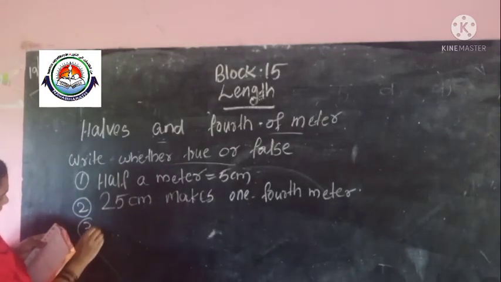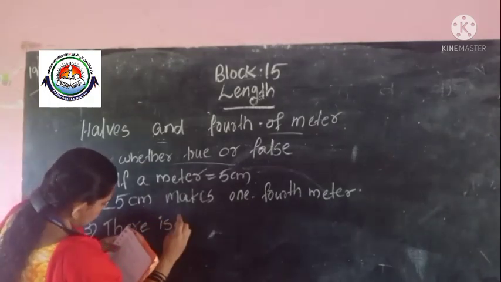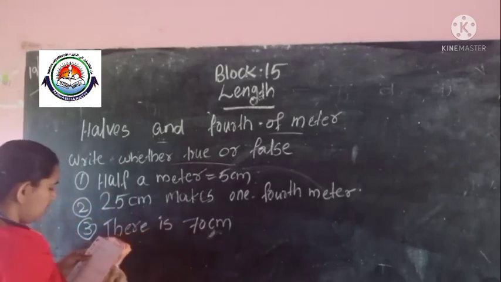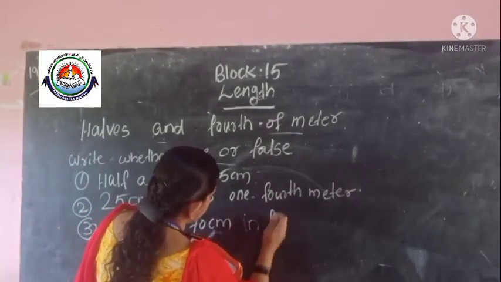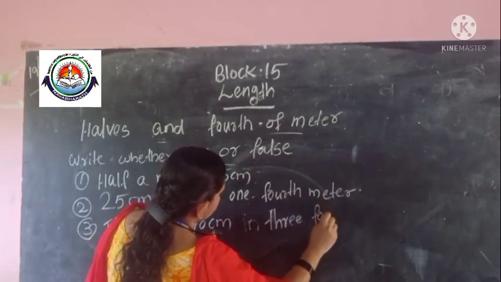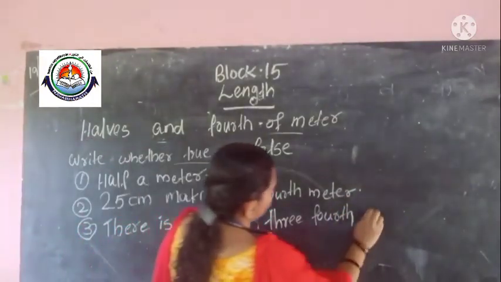Third question: there is 70 centimeter in 3/4 of a meter.